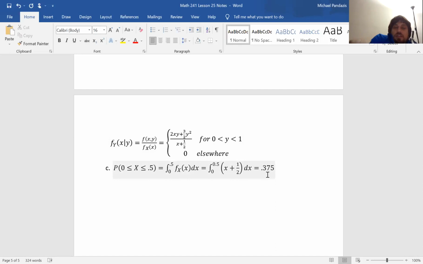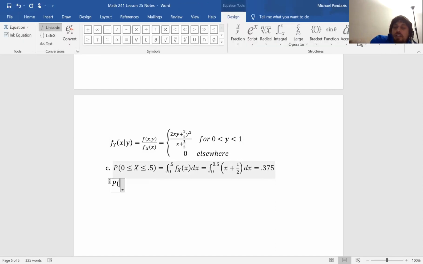Okay. Next, if you find the probability that 0 is less than or equal to y less than or equal to 0.4, this is equal to the definite integral from 0 to 0.4 of f sub y of y dy.